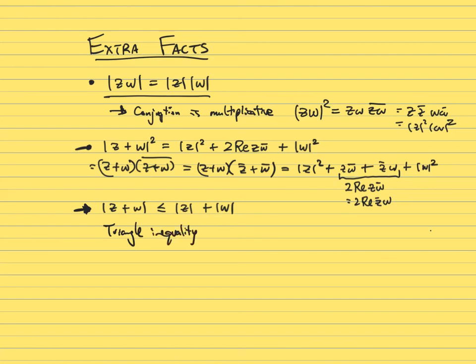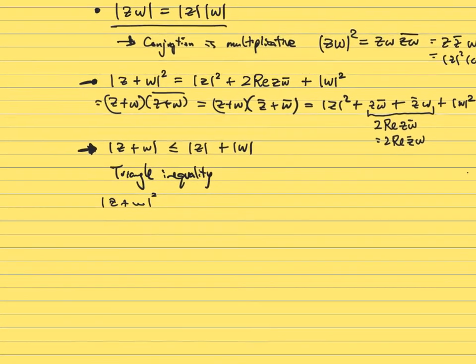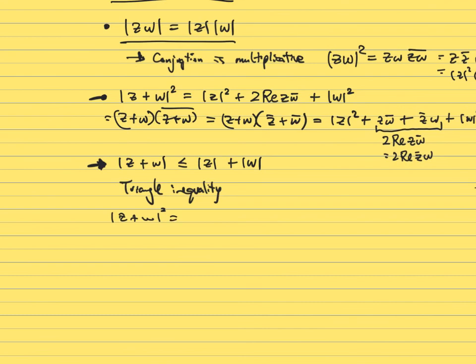So how do you prove this? Well, you expand |z plus w| squared as above. And the one thing we need to recall or remember is that the real part of z, which is just x, well, that in absolute value is going to be less than or equal to just the modulus of z.